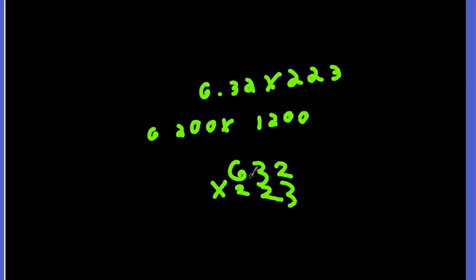And then there's 2 numbers behind the decimal right there. 2 times 3 equals 6. 3 times 3 equals 9. And 6 times 3 is 18.